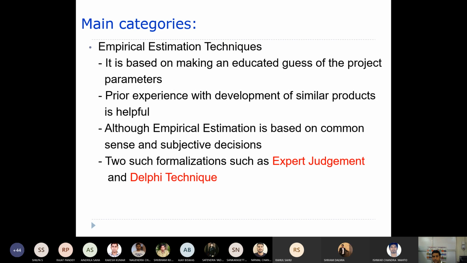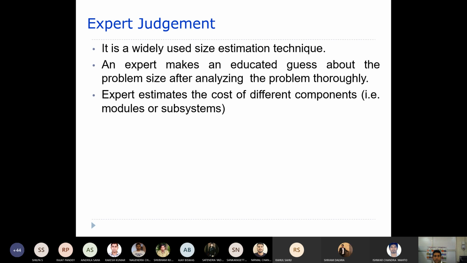We first start with expert judgment. It is a widely used size estimation technique, mostly used to estimate the project size. Here an expert makes an educated guess about the problem size after analyzing the problem thoroughly, an expert who has experience of handling similar projects in the past.